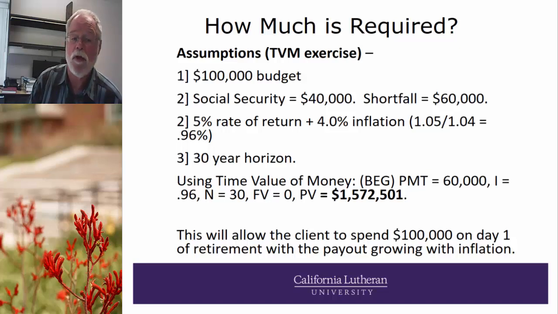We plug in all the other elements, and we find that the client needs almost $1.6 million for a successful retirement. This allows the client to spend $100,000 on day one, assuming, of course, that Social Security is also going to grow at the rate of inflation, and to be able to grow their spending over time.